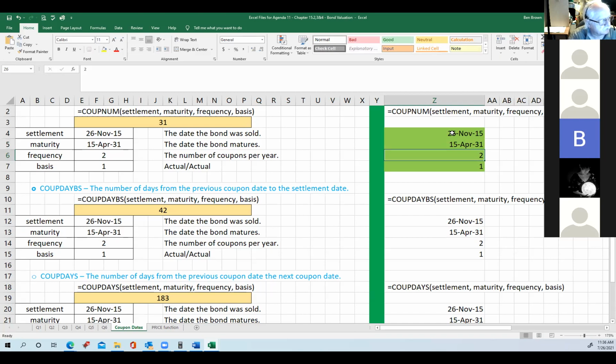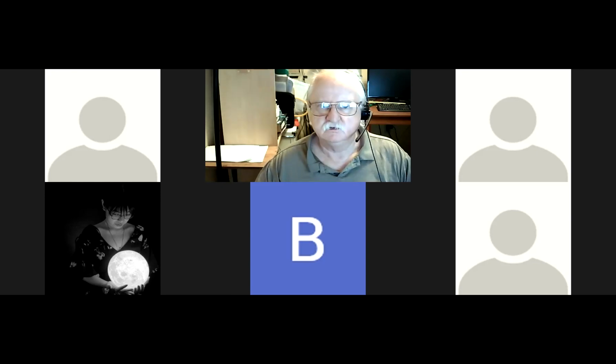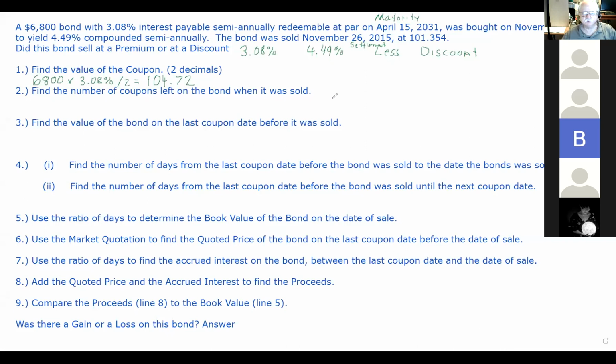And the important numbers that pop up are 31 coupons left, 42 days from the previous coupon date to the settlement date, and 183 days between coupon dates. So armed with those pieces of information, let's go back to our whiteboard. So the number of coupons left on the bond when it was sold, we've decided that was 31.